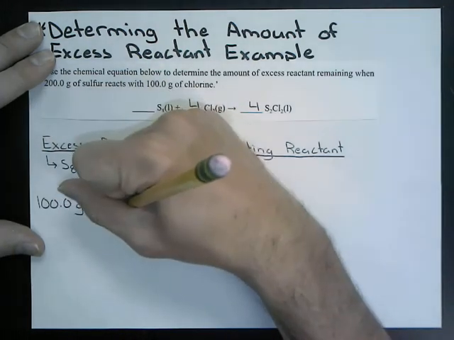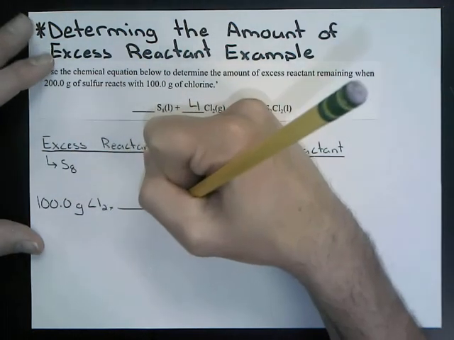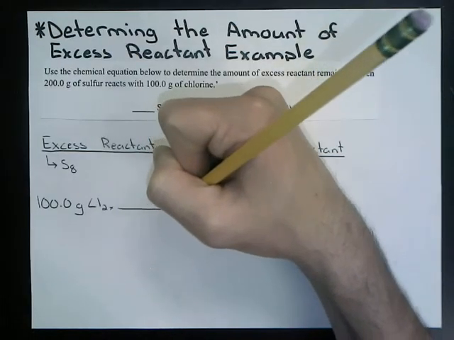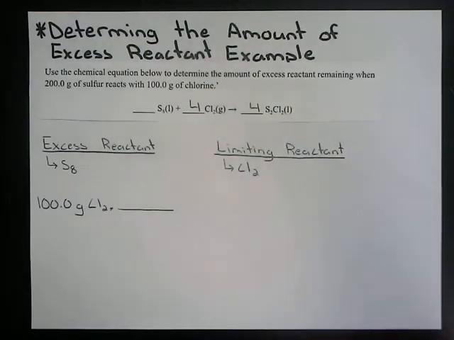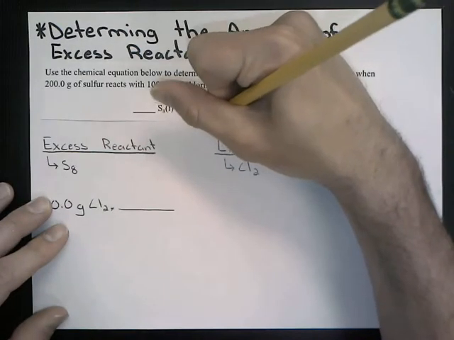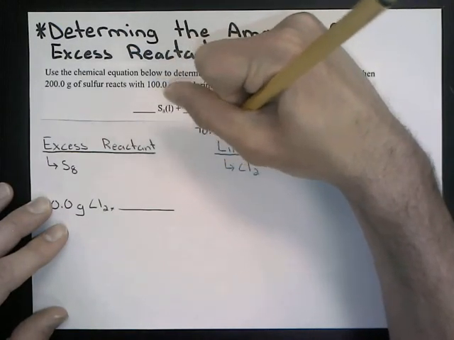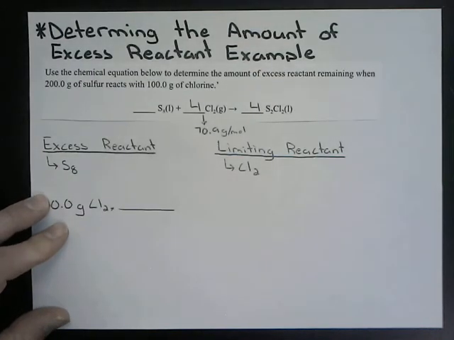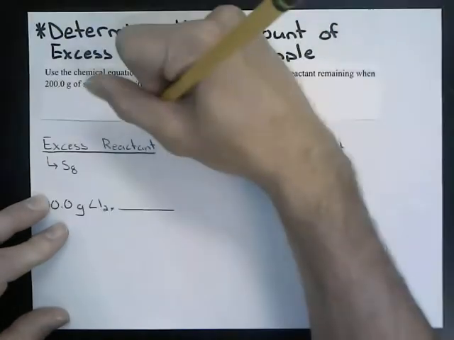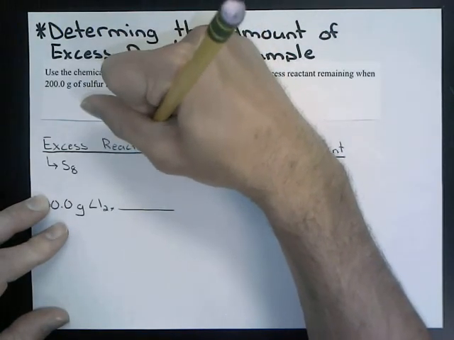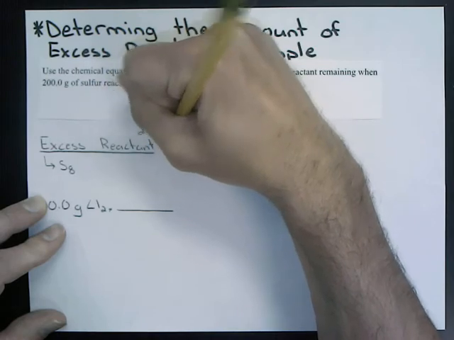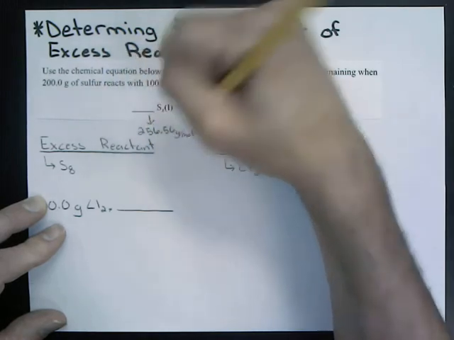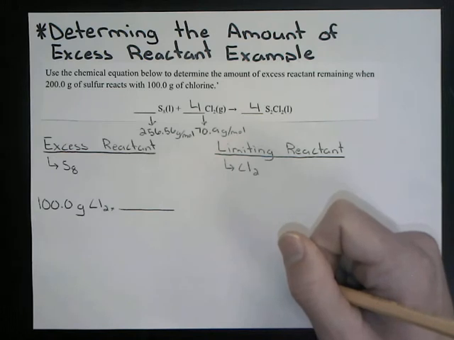Now, we convert this to grams of sulfur. Just so we know our molar masses. Remember, I gave them to you in the previous problem, but the molar mass of chlorine is 70.9 grams per mole, and the molar mass of S8 is 256.56 grams per mole. Okay, so keep those numbers in mind as we go through this.